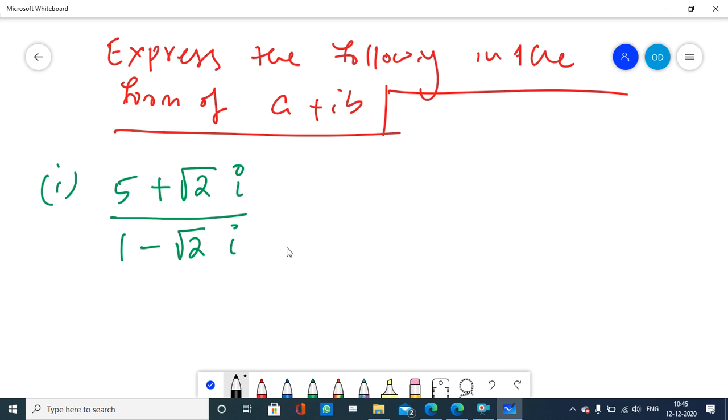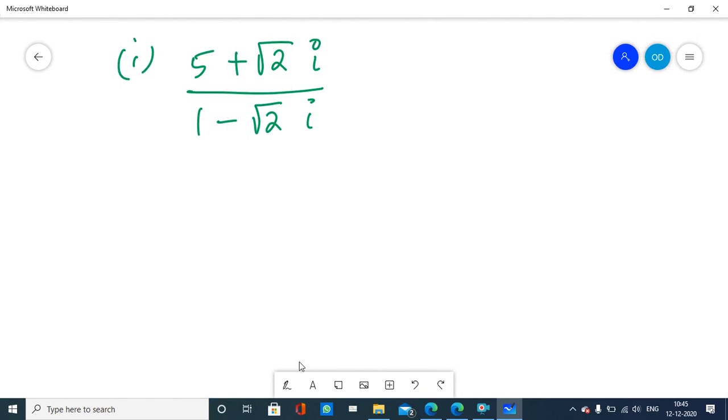But the problem is, this complex number is right now not in its standard form. And what is the standard form? A plus ib is the standard form. So the question is indirectly asking you to bring it to its standard form.